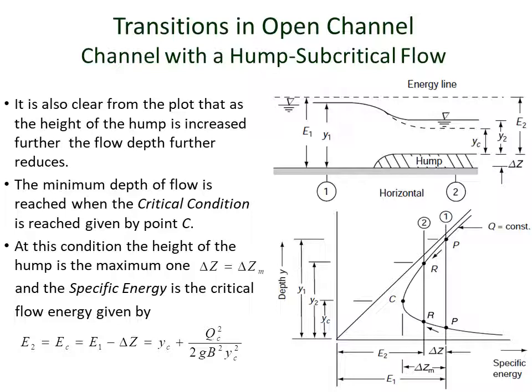The flow over the hump then reaches the critical condition, and the corresponding specific energy is the critical flow energy, which is given by the last equation of the slide: E2 equals EC, the critical flow energy, which equals YC, that's the critical flow depth, plus Q_C square by 2g B square YC square.